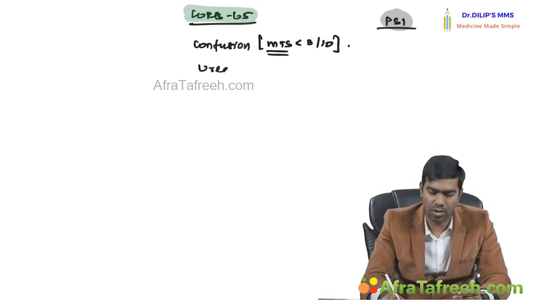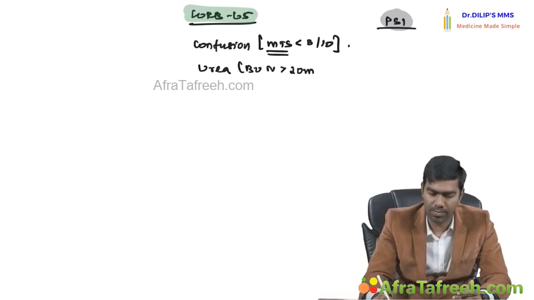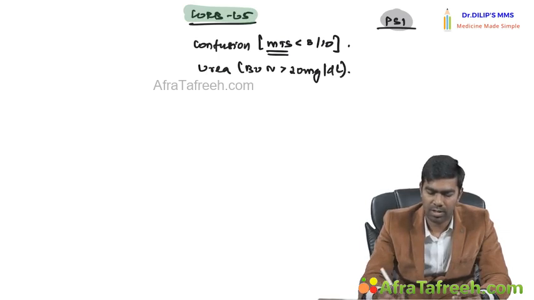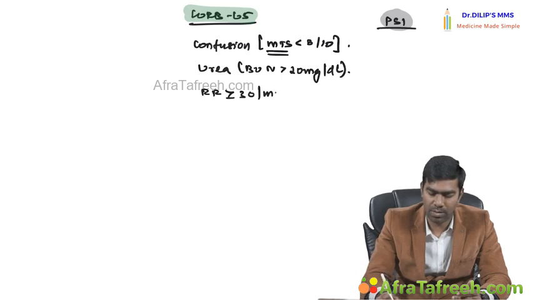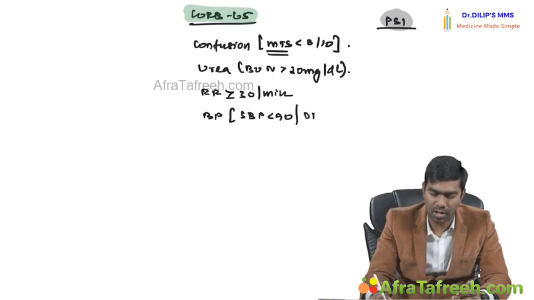Then U stands for urea, that is blood urea nitrogen more than 20 milligrams per deciliter. R stands for respiratory rate more than 30 per minute, and B stands for BP, that is either systolic blood pressure less than 90 or diastolic blood pressure less than 60, hypotension.